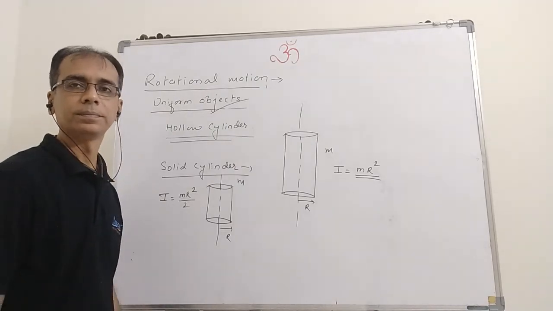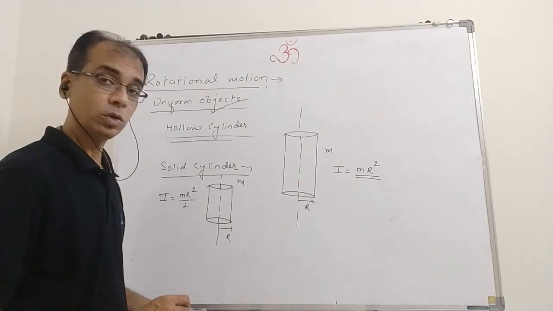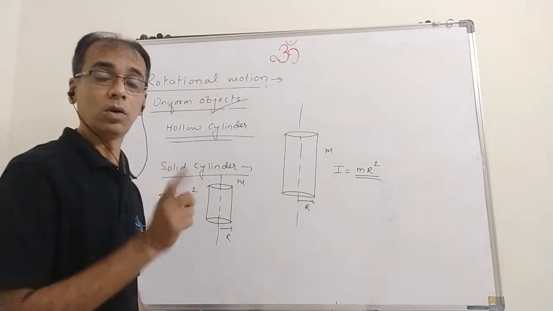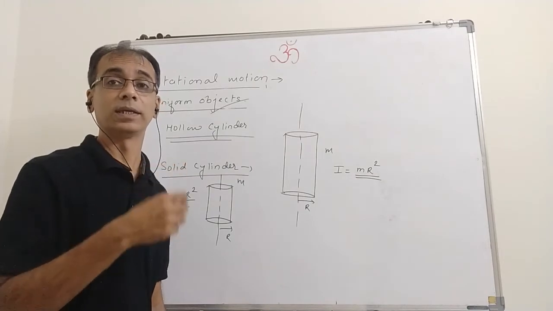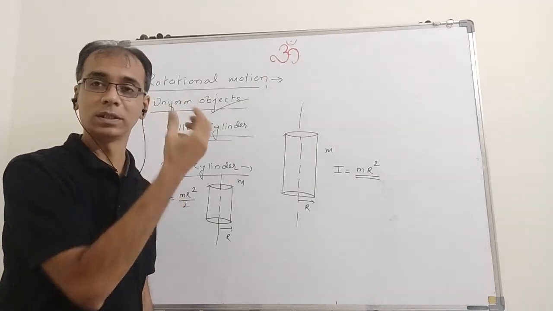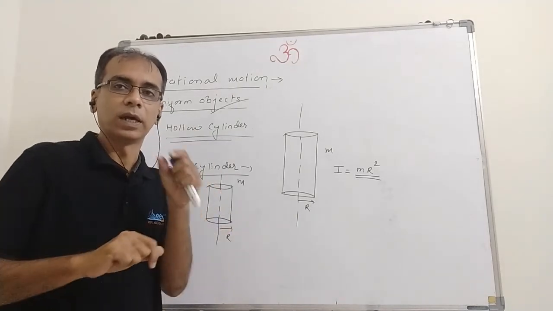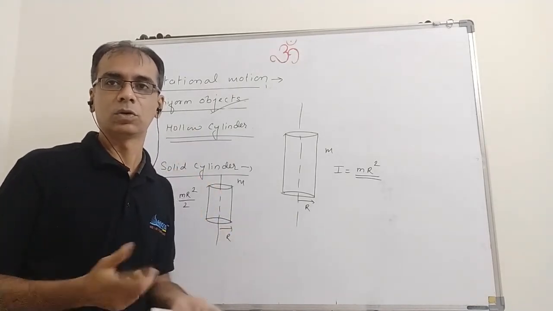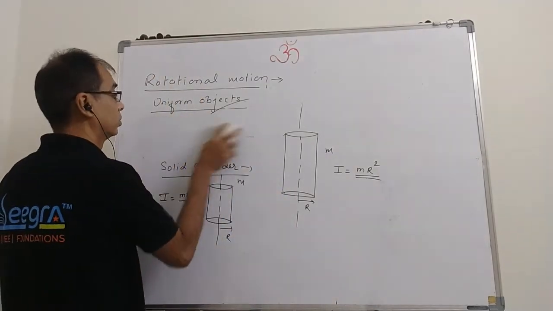Cylinder. Then next one, cone. Two types of cone again: hollow cone, solid cone. Hollow cone means what? The one in which we take ice cream, right? You must have seen the ice cream, that one cone they will give, and then they will fill the cream in it. That's a cone. Which cone? Hollow cone. Let's see hollow cone moment of inertia.